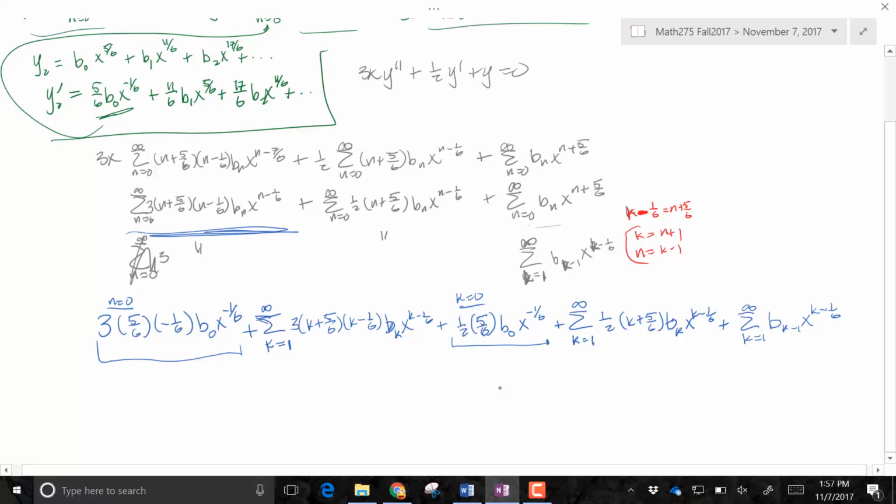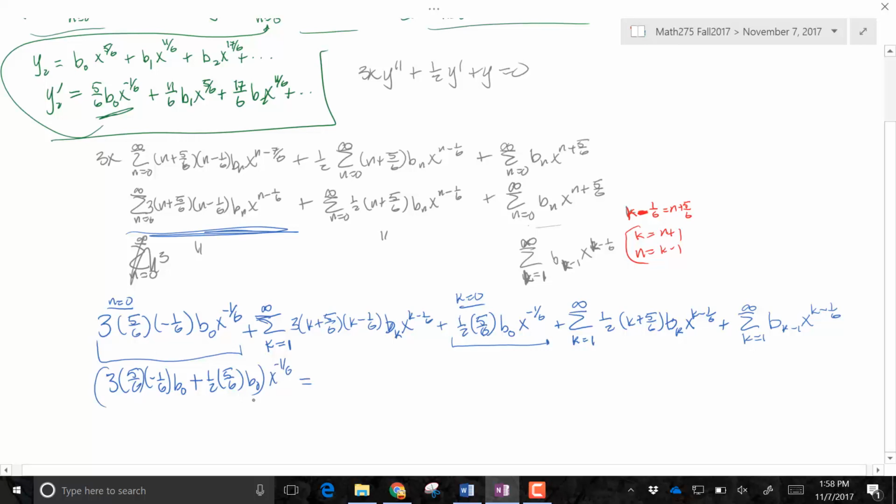They both have b naughts? Yeah, so b naught's going to be equal to 0. So I have 3 times 5/6 times negative 1/6 b naught plus 1/2 times 5/6 b naught times x to the negative 1/6.